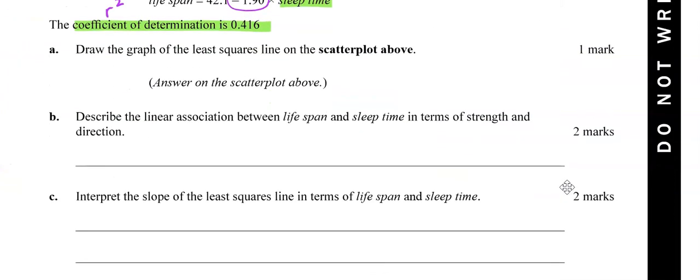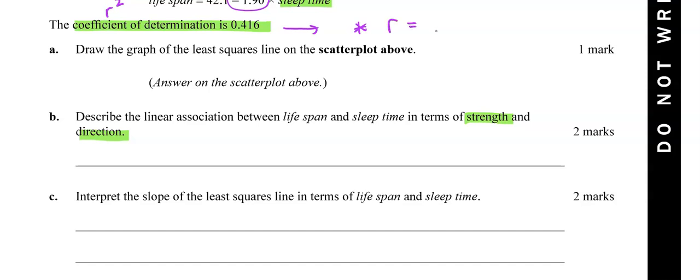Part B, we want to describe the linear association between lifespan and sleep time in terms of strength and direction. So only strength and direction. Now at the moment we know the direction is negative, but we aren't sure of the strength. Remember, it could be described as weak, moderate, or strong, depending on our R value. So firstly, let's check our R value using R squared.